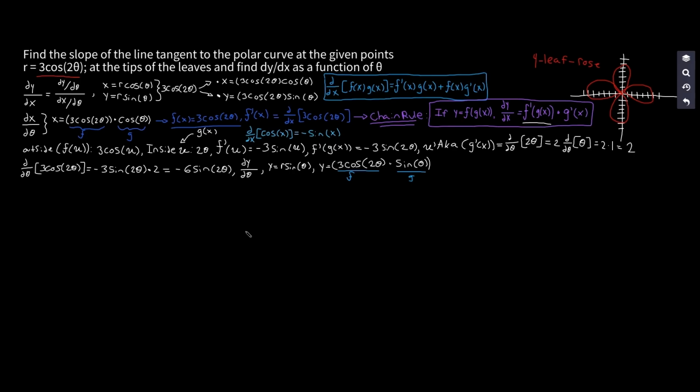We have f of x and g of x. That means that we need to find our f prime of x. F prime of x, by definition, is the derivative of 3 cosine of 2 theta.